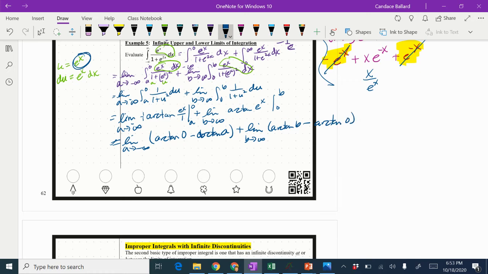All right, well, we know that the arctangent of 0 has to be, I'm looking at my notes, sorry. The arctangent of 0.